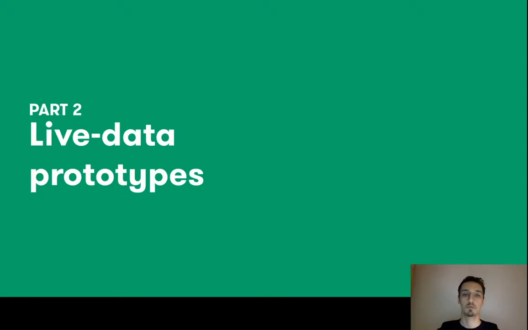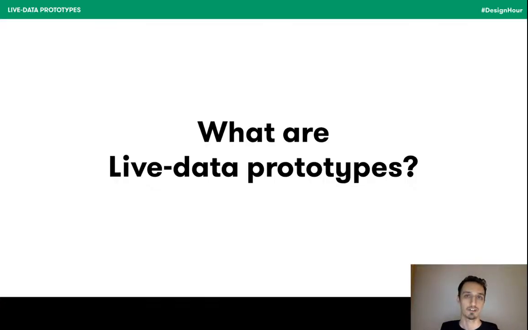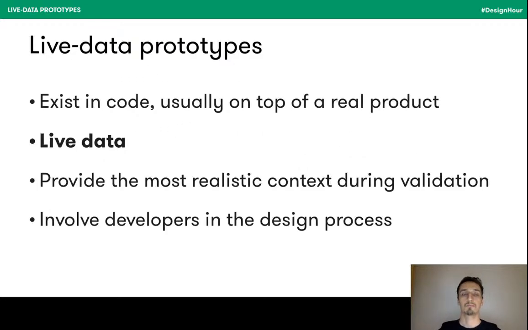And let me start with what they actually are, because you might not have a very good idea. In short, live data prototypes are prototypes that exist in code. They usually exist on top of a real running product, and they use live data. That's the most crucial part.